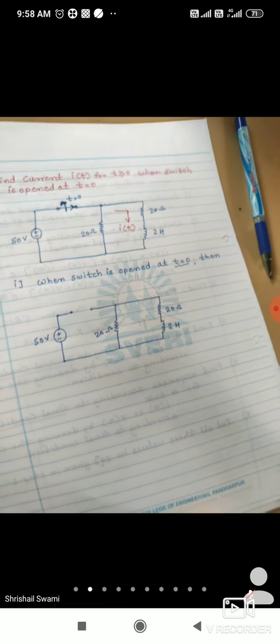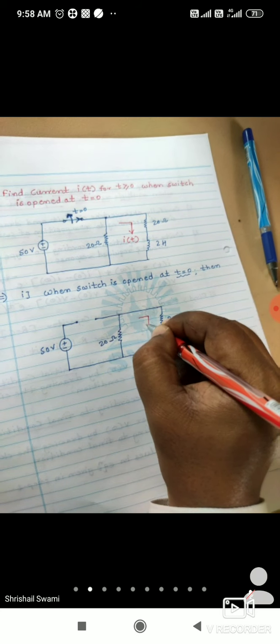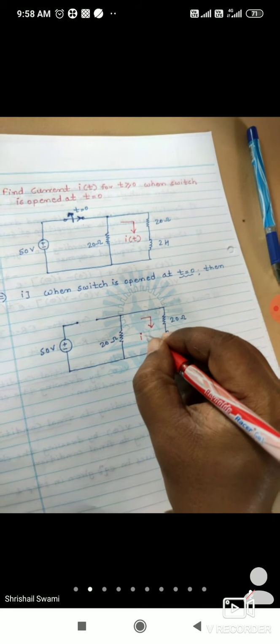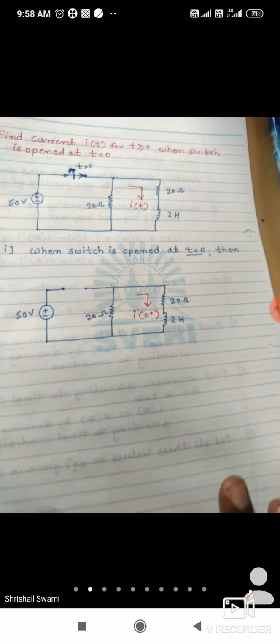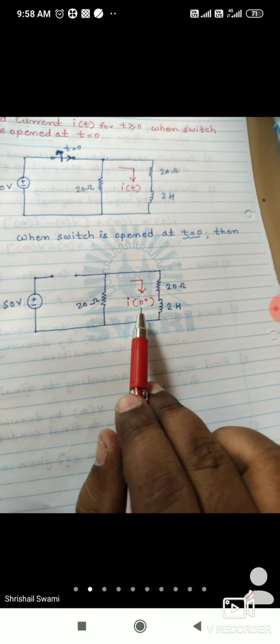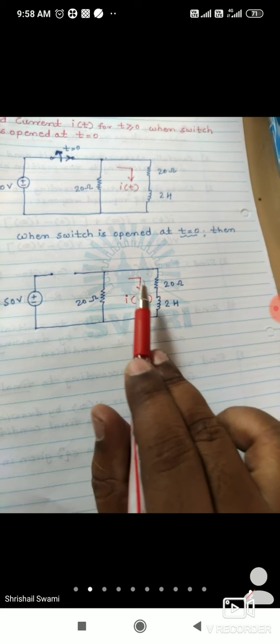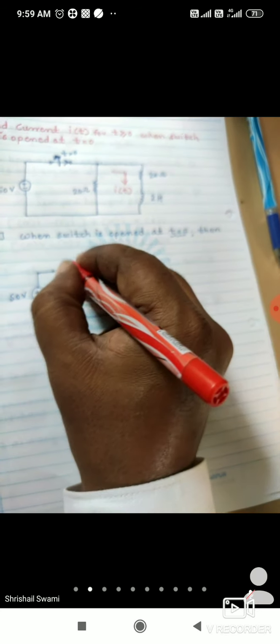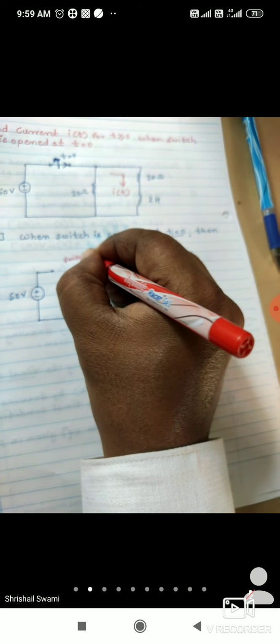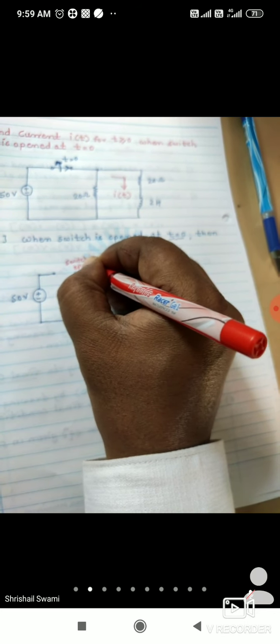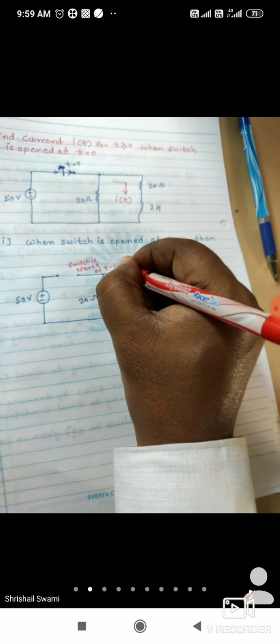So you have to find out this current, that is I of 0 plus now. For time 0 plus, what will be the current passing through this path, that you have to find out. Means the switch is open here. You can show that the switch is open at t is equal to 0.